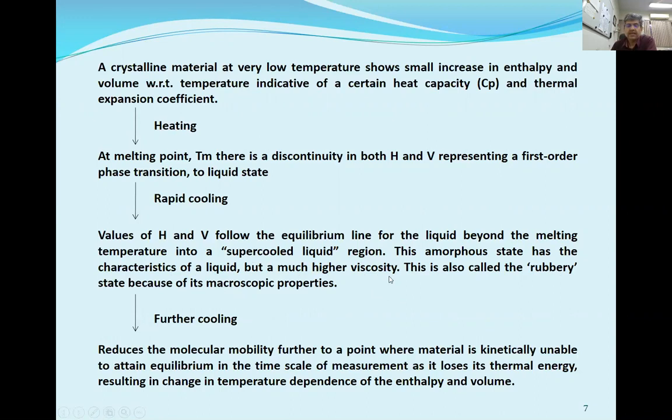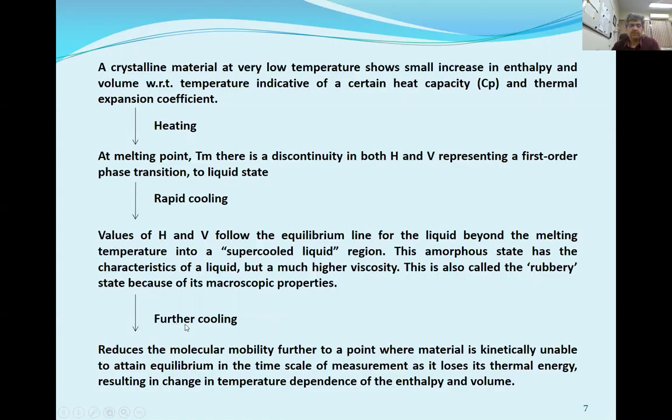What it means is that in the supercooled liquid state, the material will behave like a rubber, which means it will have some kind of flexibility. You can basically consider the normal rubber that you see. So the material will look like a normal rubber. That is why the name rubbery state.